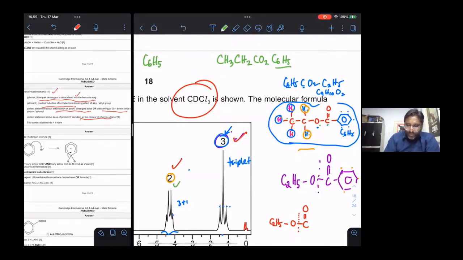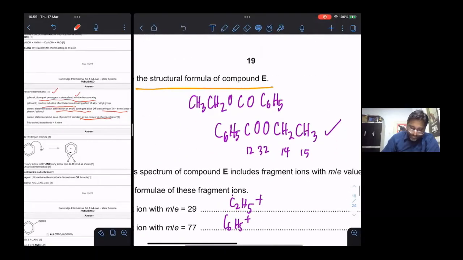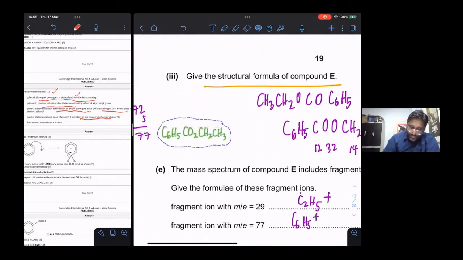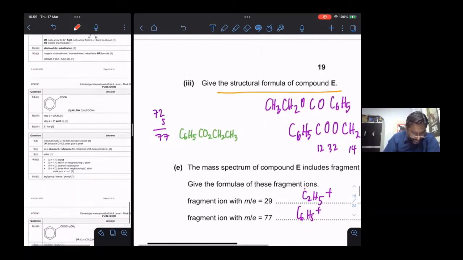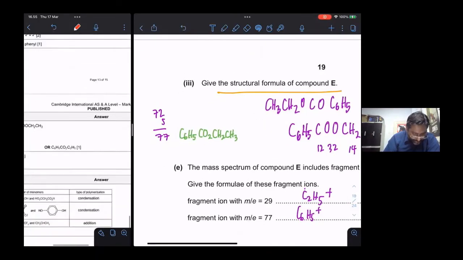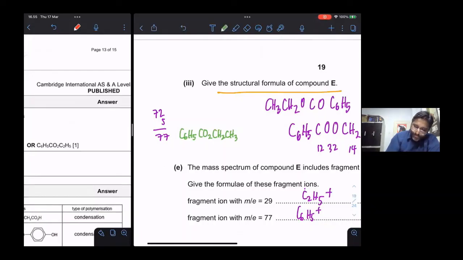You start from C6H5, then CO2, and then CH2, CH3. This is going to be a better way to represent that. So I'll copy this and put it there. So this is the answer. If you look at the marking key also, let me show you. C6H5, CO2, C2H5. Yeah, so it's okay.